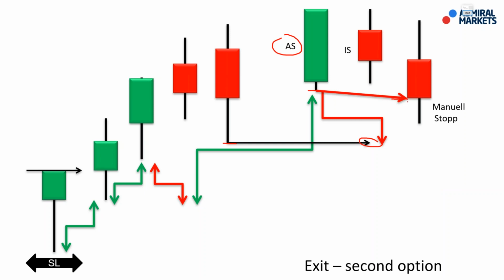If you have a close below the outside bar, this is the second option. The first option is being stopped out with a trailing stop. And if you have an inside bar, you have to pull back your initial stop, and after that, if you have a close below the outside bar, you have to use the manual stop and go outside.